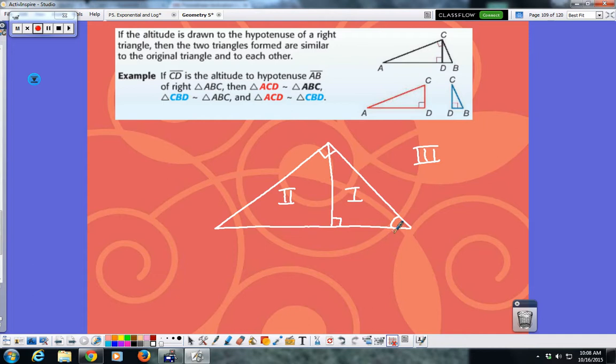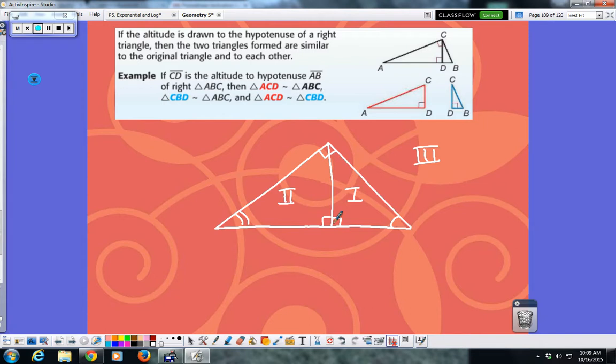So what about triangle 2 now? Let's compare triangle 2 to triangle 3, the whole triangle. Don't they share this angle? Since they share that second angle there, and they both have a right angle as well, wouldn't triangle 2 and triangle 3 be similar? Sure.